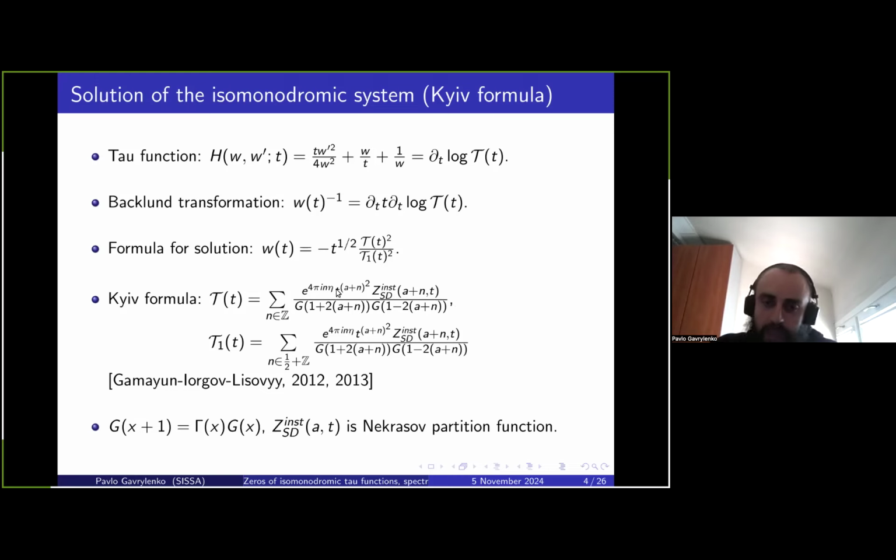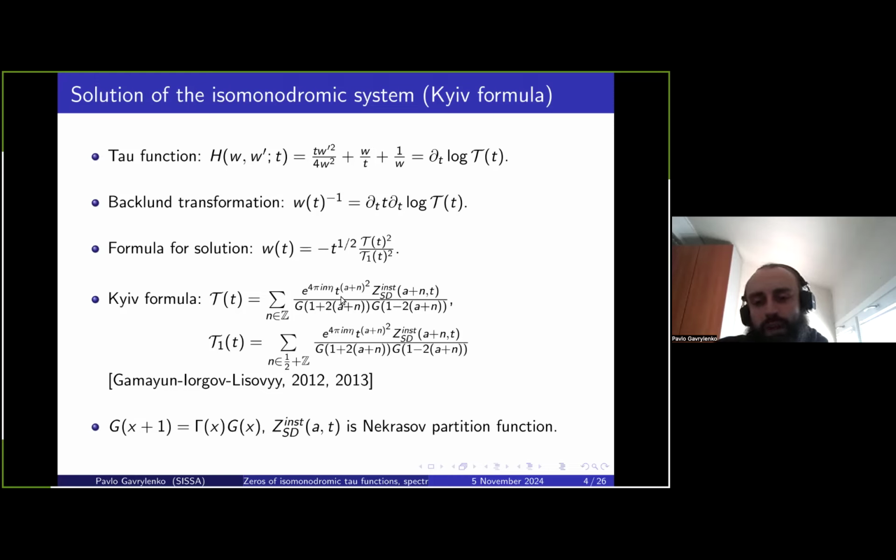So we have two initial data, eta and a, and this eta appears as a parameter of the Fourier transformation. It is in this exponential, and it's the only place where it appears. And another parameter a always appears as a plus n.